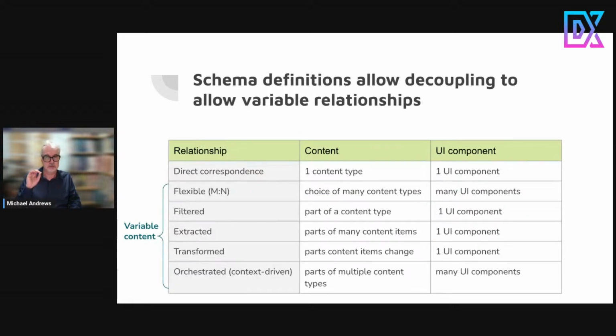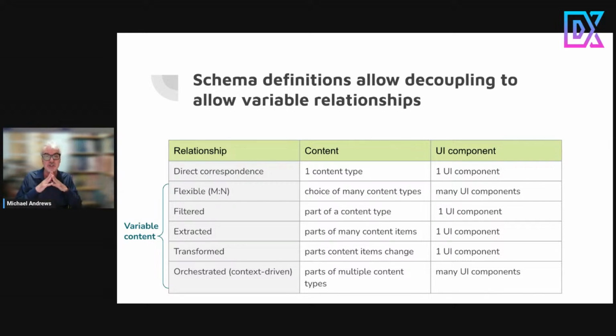Now, I've shown you the example of a many-to-many relationship between content types and UI components, but it's more important than that. If this was the only thing that decoupling did for us, it's interesting, but so what in a way, but really what we're talking about here is variable content.